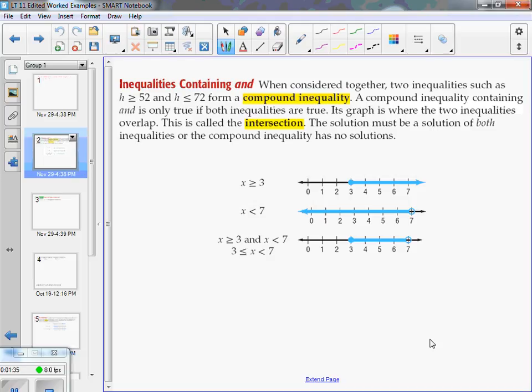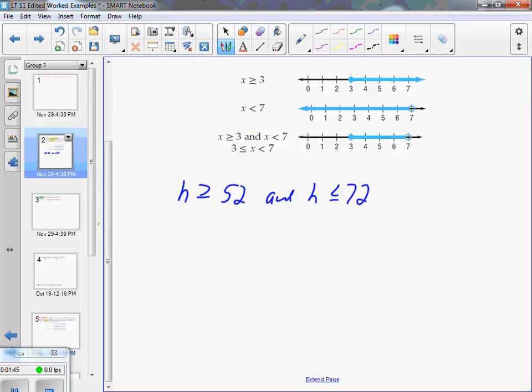Okay, now, when we have this, let's go with the one they gave us. h is greater than or equal to 52, and h is less than or equal to 72. This first one, h is greater than or equal to 52, if I flip that around like so that both of my inequalities are less thans, whenever you have an and, it's convenient for both of your inequalities to be written as less than.